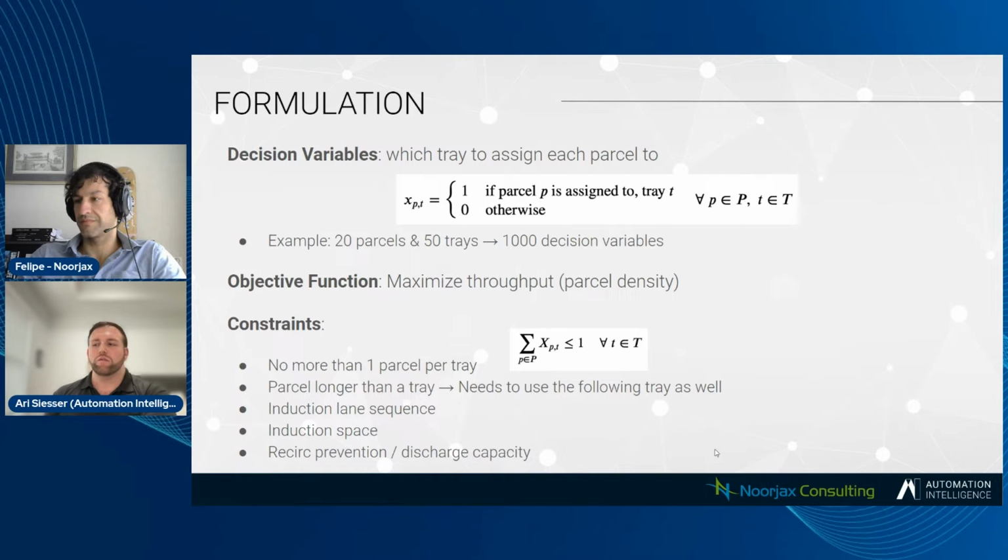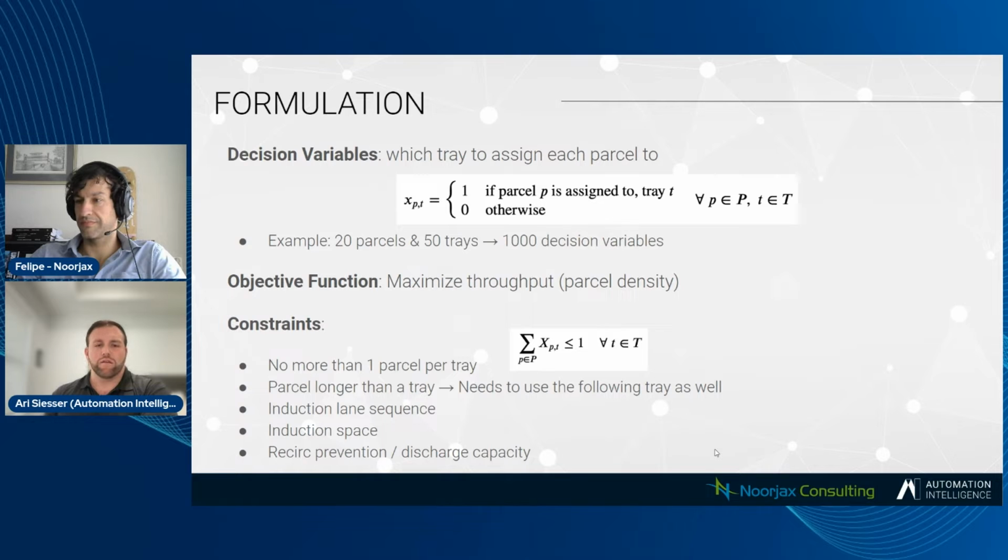And then when you create a mathematical model, you have to tell the system how these variables are related and what the constraints are. It doesn't know that, right? So, for example, we can't have more than one parcel per tray. So for this decision variable X, for every single value of T, when we sum over all the parcels for that particular tray, we can't have more than one assigned, right?